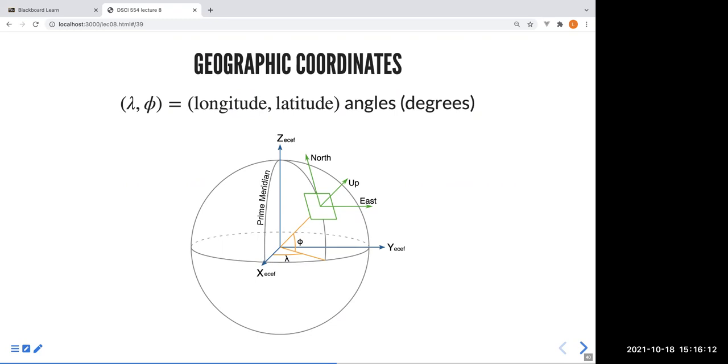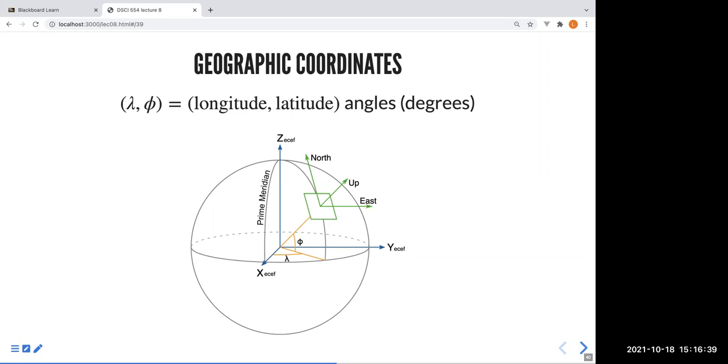And some parameter to encode elevation. So you can see the longitude and latitude, they're encoded as easting and northing locally. And there is usually a different coordinate system that is associated to that.